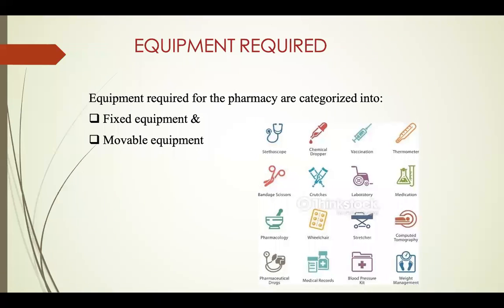You can see in the picture on the right different types of stethoscope, a chemical dropper, vaccination, thermometer, bandage, scissors, crutches, laboratory, and medications. Many types of equipment are required in various departments.